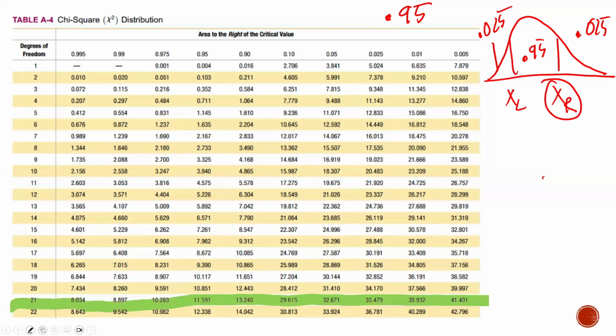So here we are. Now, Bobby, for chi-squared R, what is the area to the right? Just look at the picture.